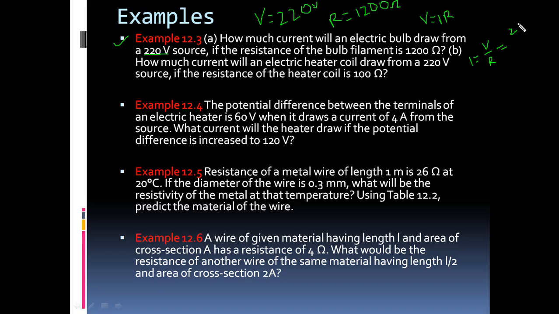What is resistance? 1200. So this much ampere. If you solve this one, you will get the amount of current.